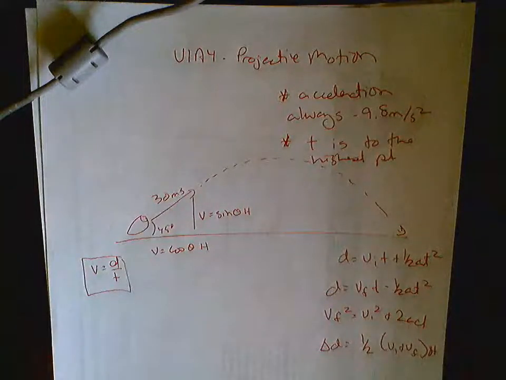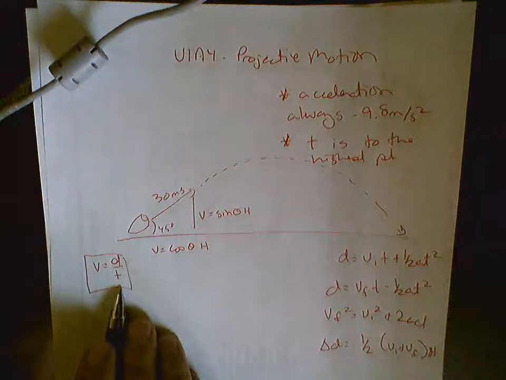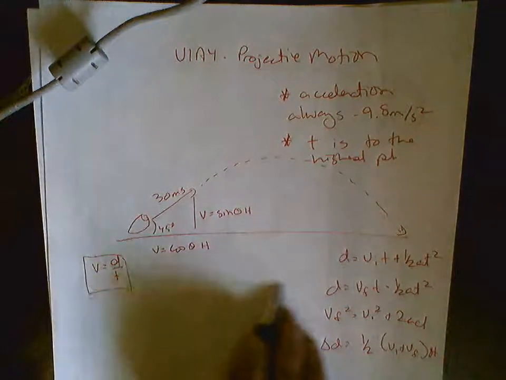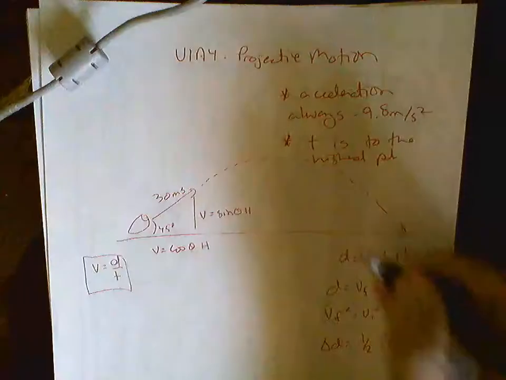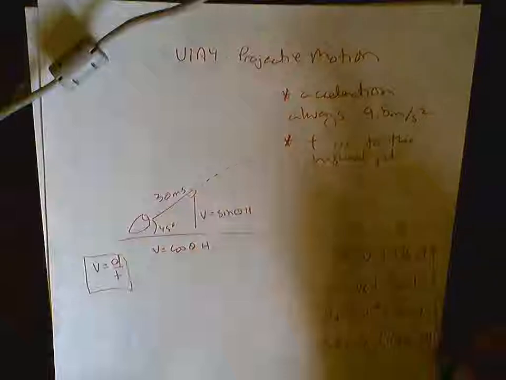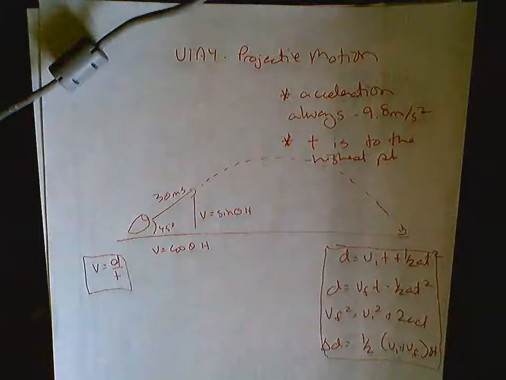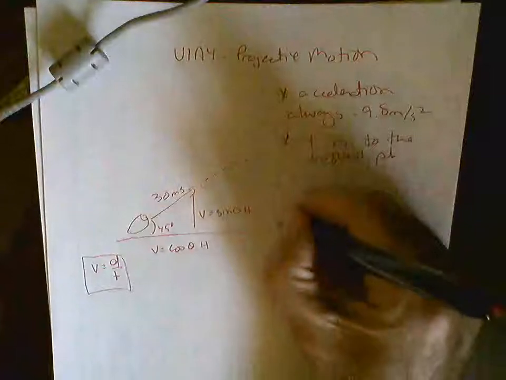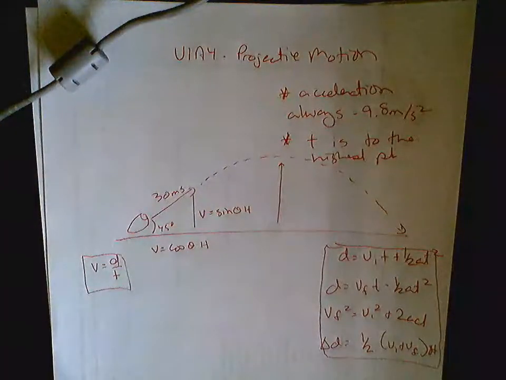Now, all I'm going to do is give you a bunch of reminders to keep straight when you're answering the questions. First of all, there's two sets of formulas. If we're dealing with something in the x-axis, going across on the horizontal, it's V equals D over T. If we are dealing with anything in the y-axis, these are the formulas you can use, for when we're moving upwards. A few reminders that are extremely important.